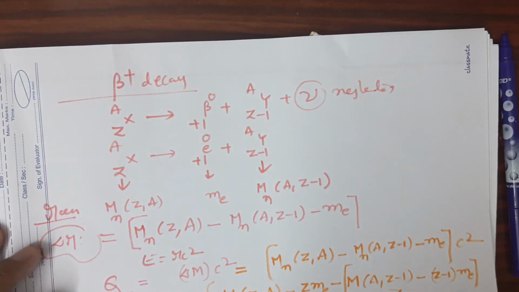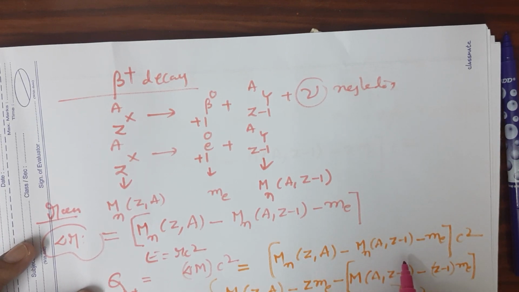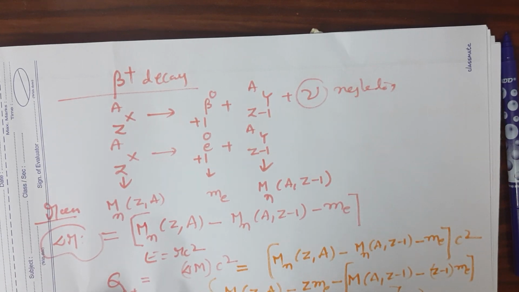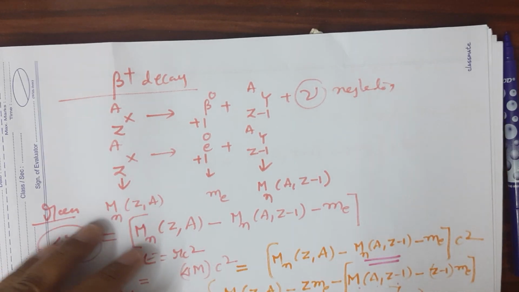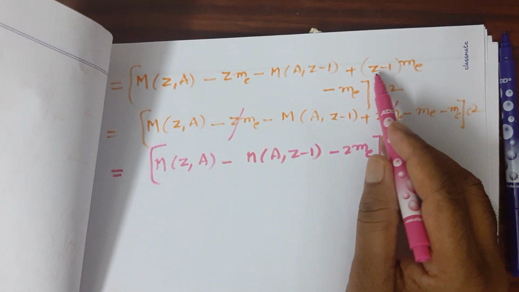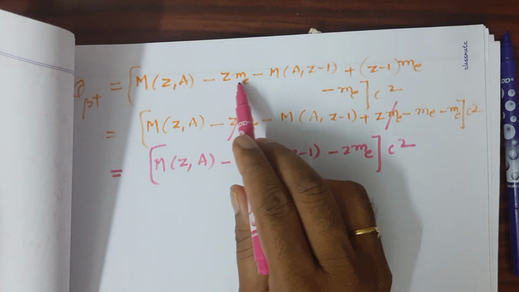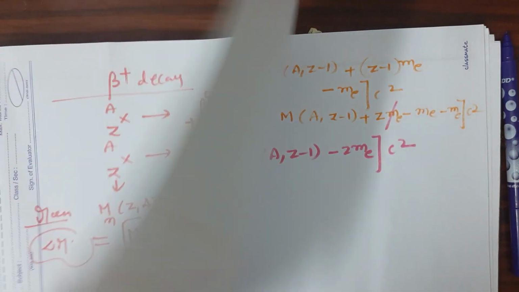So is it correct? Here M of Z A minus Z Me, minus M of A Z minus 1 minus Z minus 1 electrons total mass, Z minus 1 into Me, minus Me, into c squared. Then minus into minus written as plus, minus Z Me, plus Z Me cancel, minus Me minus Me gives minus 2Me.